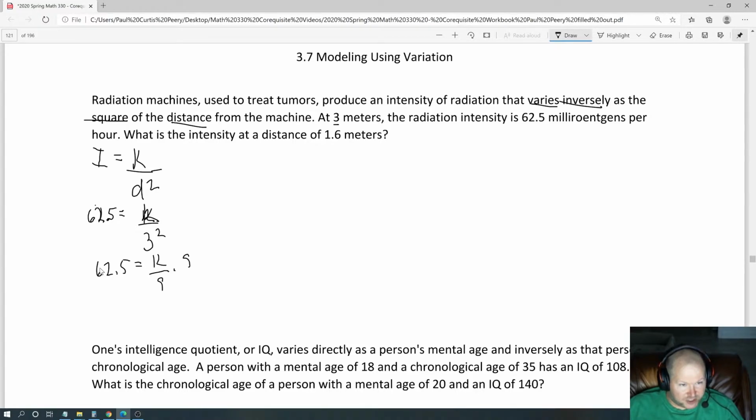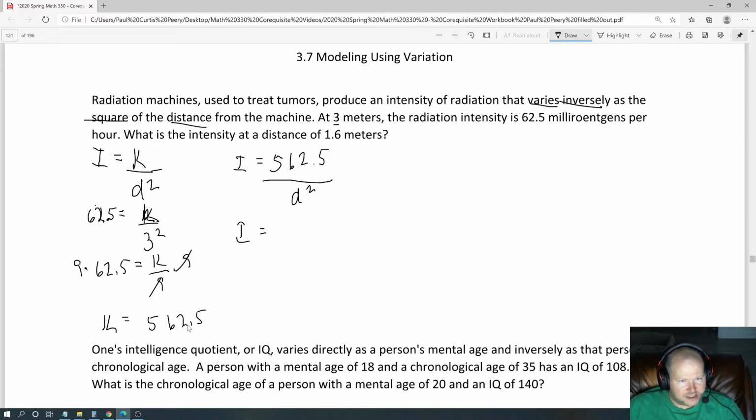We undo the division of k by 9 by multiplying by 9. Whatever I do to one side, I do to the other. Those cancel out, leaving k equal to 562.5. Then we rewrite the original equation: I is equal to 562.5 over distance squared.